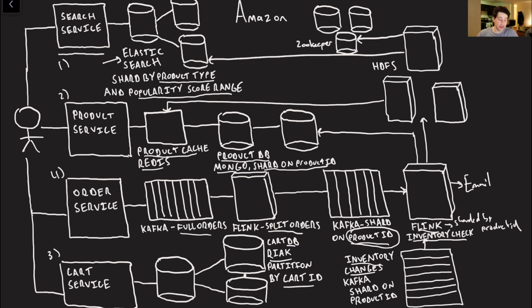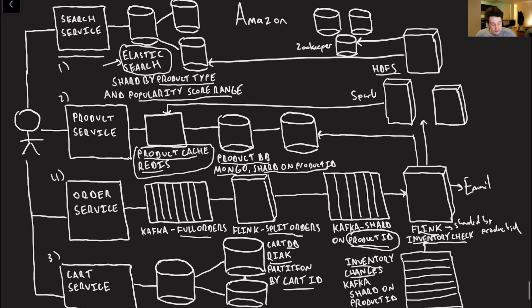Basically, what's going to go ahead and happen now is that we can aggregate the number of orders or the number of stock purchased from an item in a given day, upload that to HDFS at the end of the day, and then run our Spark batch job to, 1, update the products database, or rather actually update the product cache over here. Jordan, stop erasing. Update the product cache, update our Elasticsearch instance to basically rebalance our partitions by their popularity score.